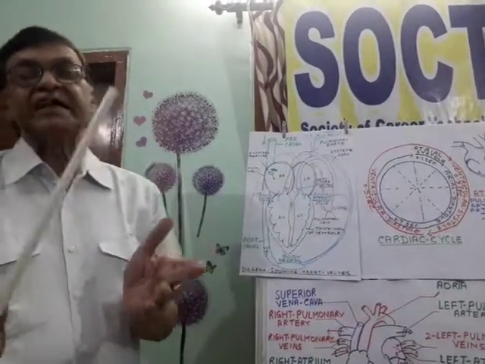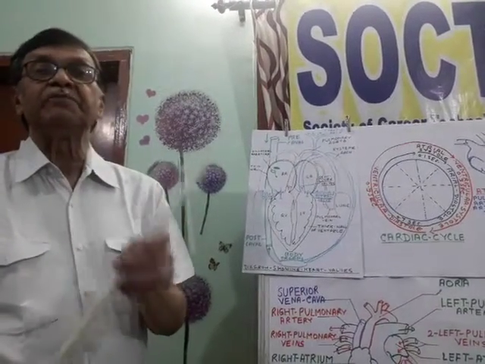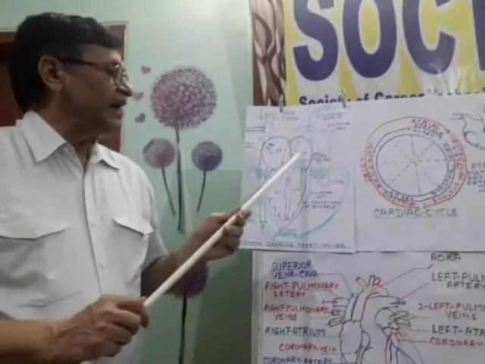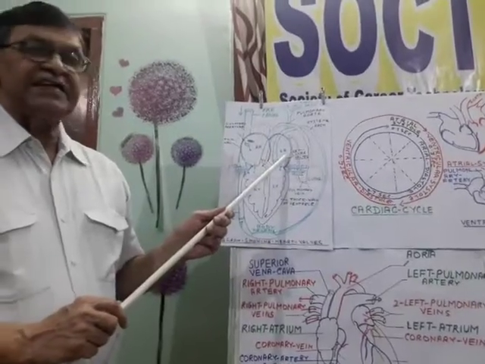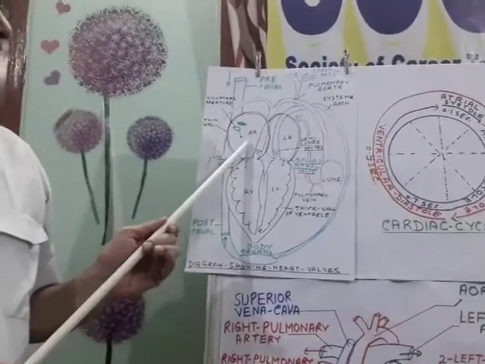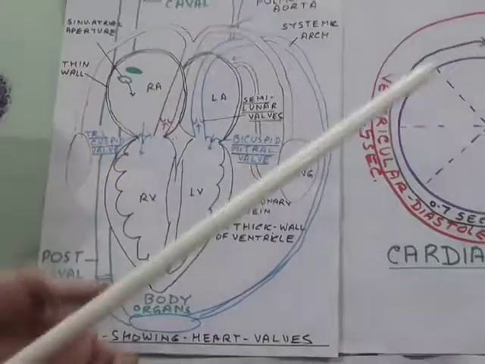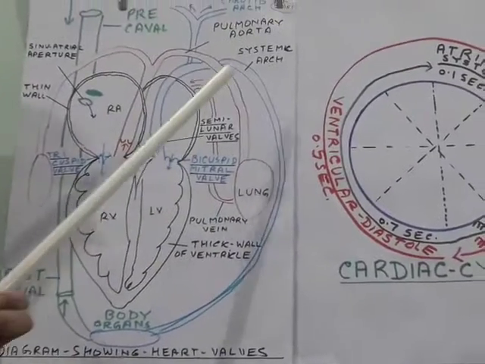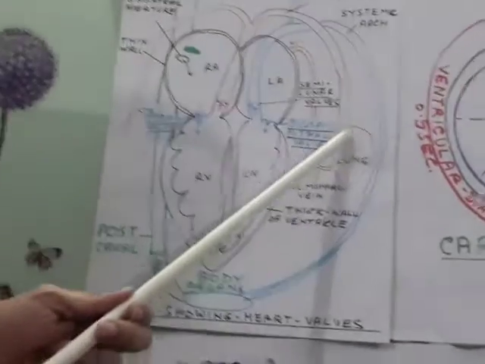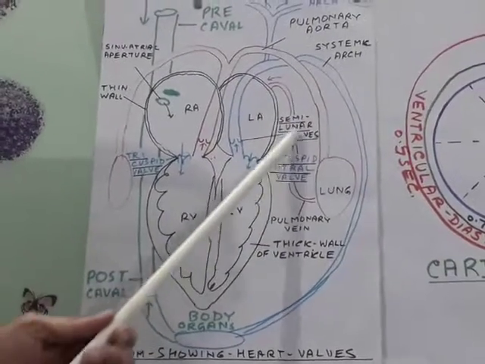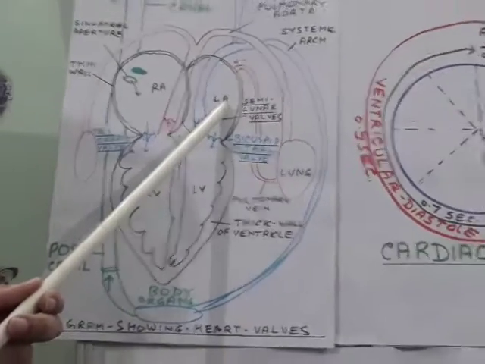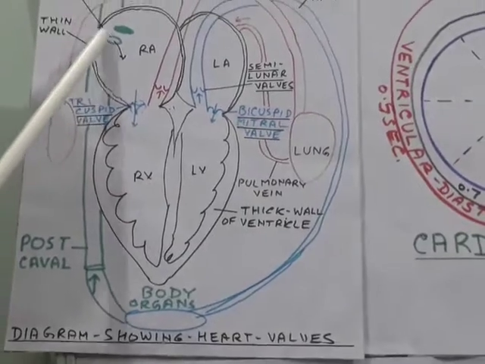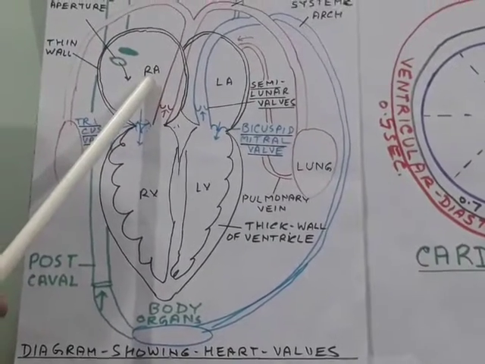In birds and mammals, the heart is made up of 4 chambers, 2 atria, left atrium and right atrium, which receive blood returning from body parts and lungs. Blood returning from the lungs comes into the left atrium, and the blood coming back from body organs opens into the right atrium.